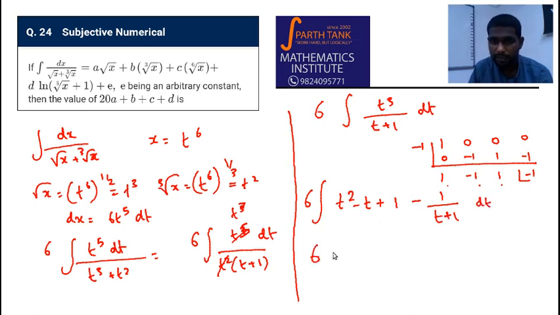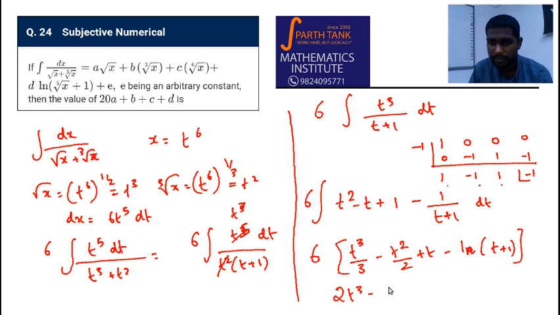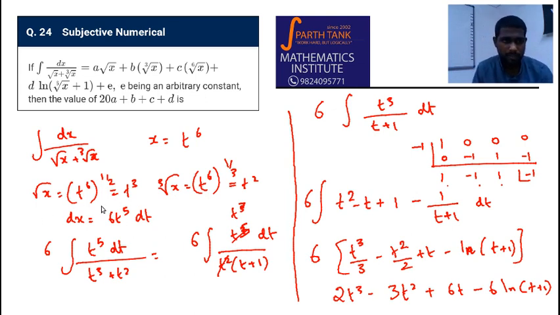Now if I integrate, I get t cube by 3 minus t squared by 2 plus t minus ln, or log, as you like. Let's keep it as ln to compare it easier with the question. T plus 1. Now multiply: 2t cube minus 3t squared plus 6t minus 6 ln t plus 1. Okay. Now you know t cube is root x, t squared is cube root of x.